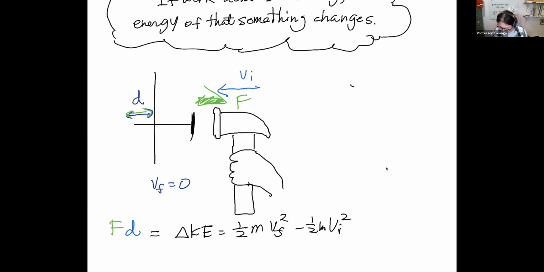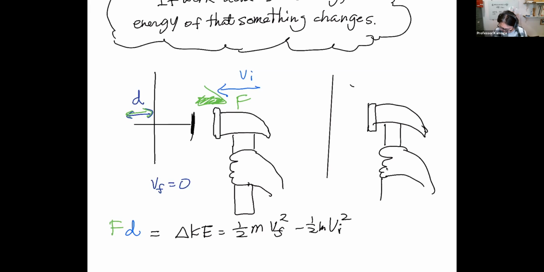But this time, what if I use the same hammer, but I swing it with 2 times the initial velocity that I did earlier?